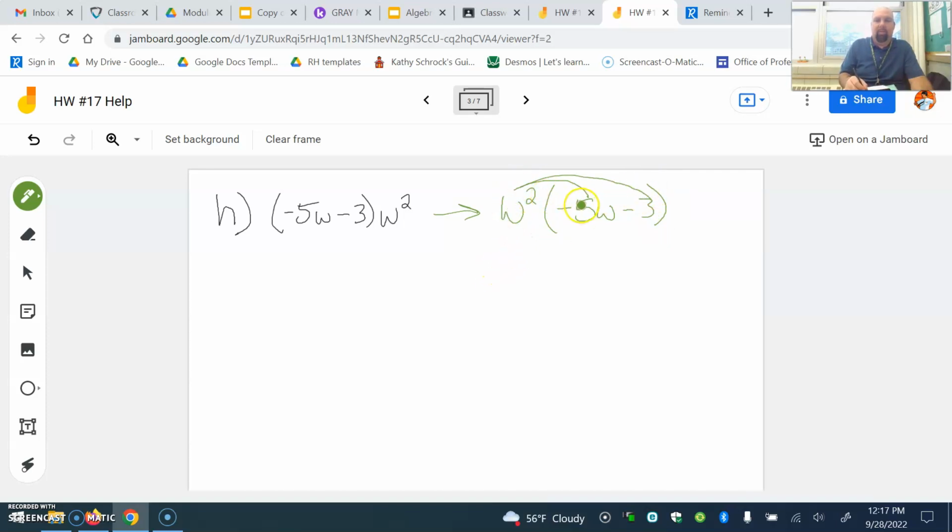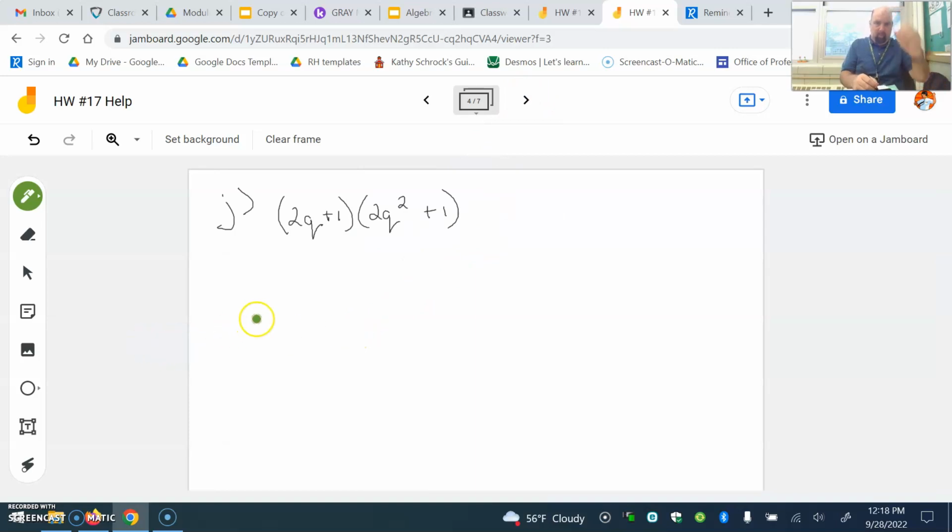And we get W squared times -5W is -5W cubed. Notice that the exponent increased here because there's another W. W squared times -3 is -3W squared. These are not like terms, so that is the final answer.